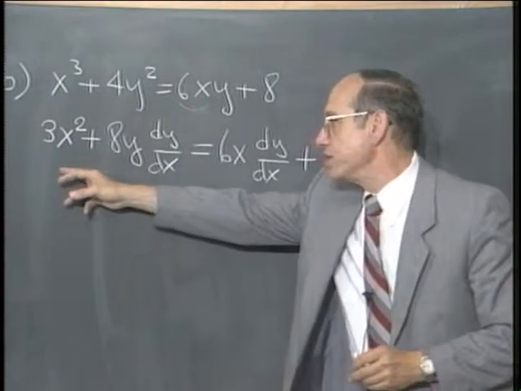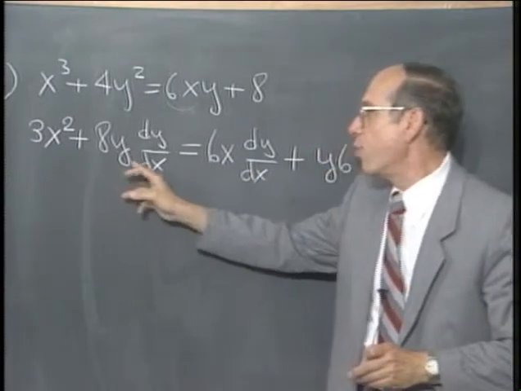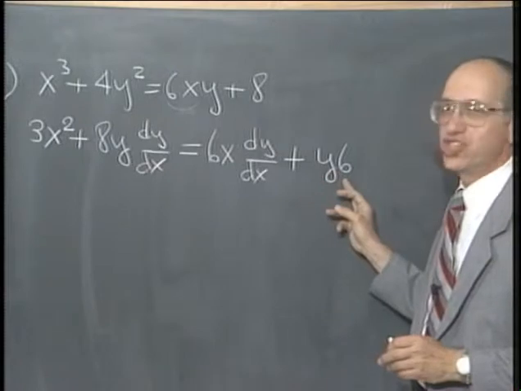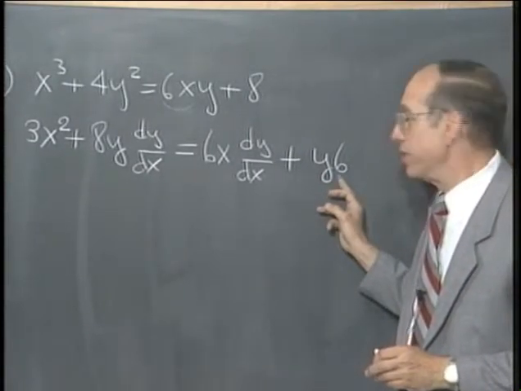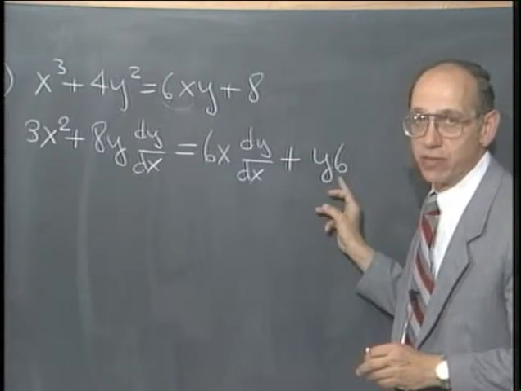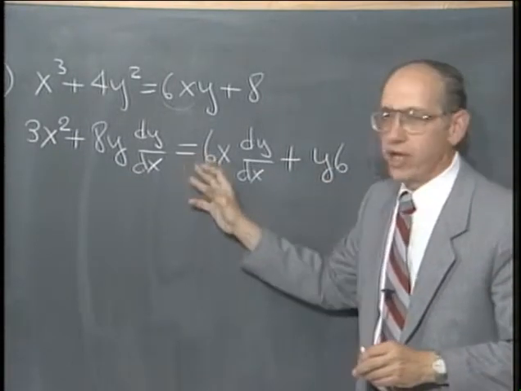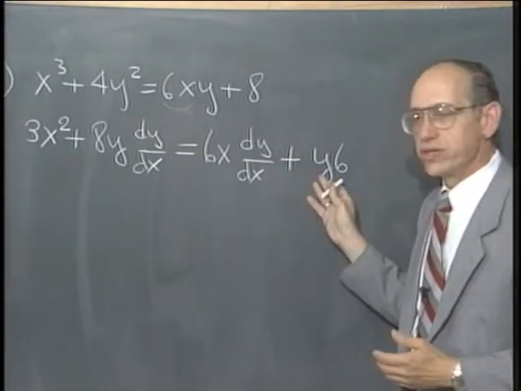So we have this very complicated looking expression that relates x, y, and dy/dx. Notice this y6. Normally we write 6y, but because of the order of the product rule, it came out backward, but it means the same thing. Now we want to know the value of dy/dx. Should we solve for dy/dx through all this algebra?